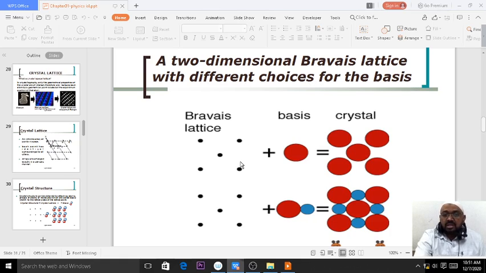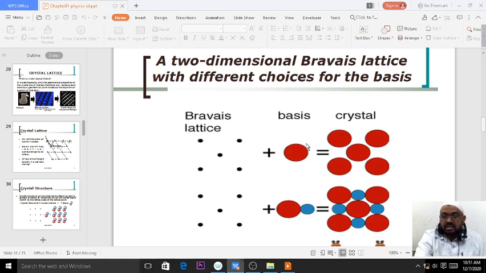You can arrange the lattice in different patterns, arranging the points in different orders such that the environment about each point is identical. Since this lattice assumption is given by Bravais, we call these Bravais lattices.